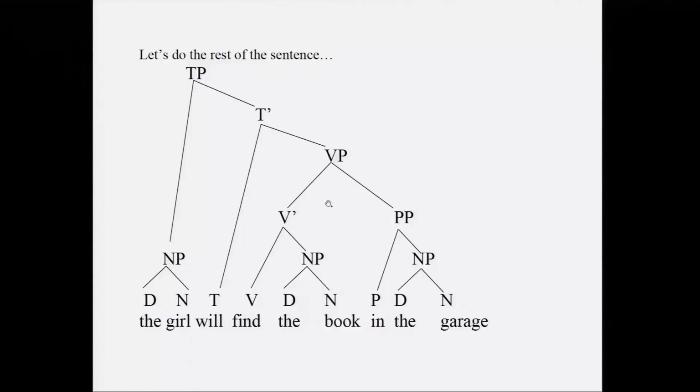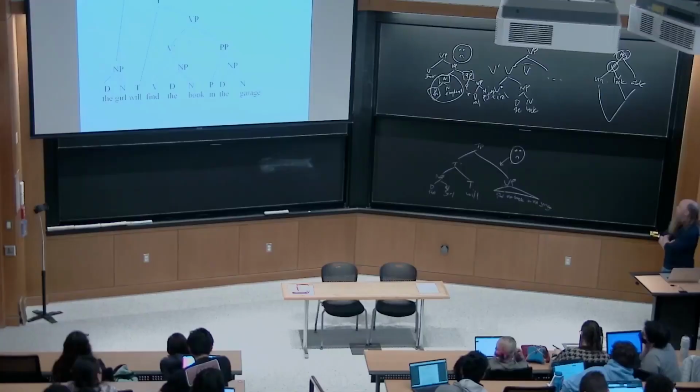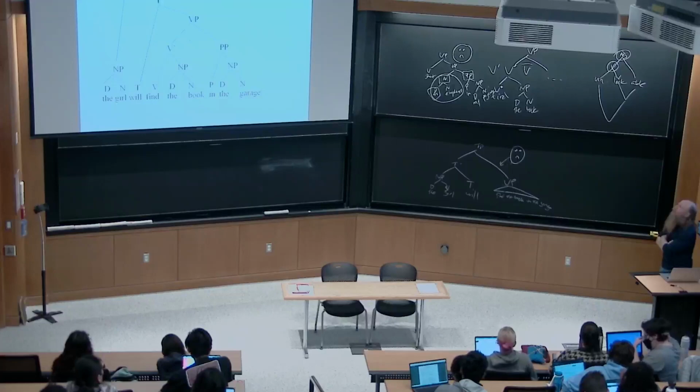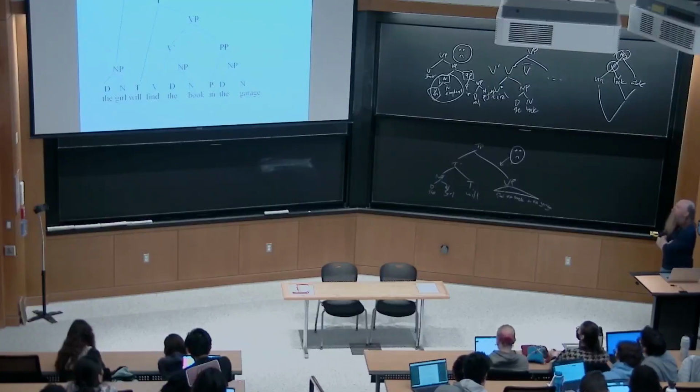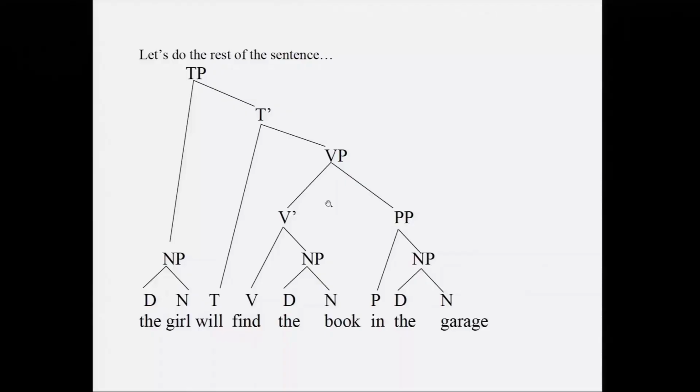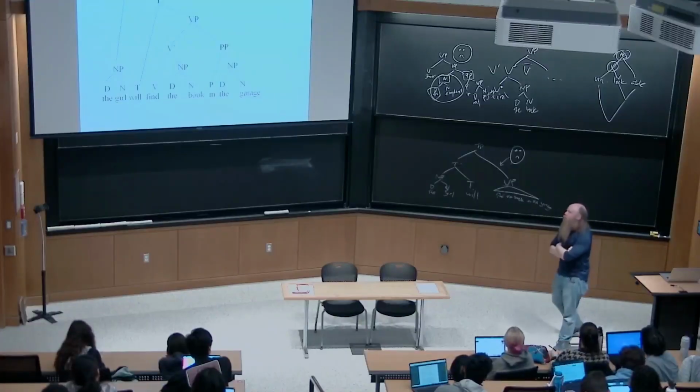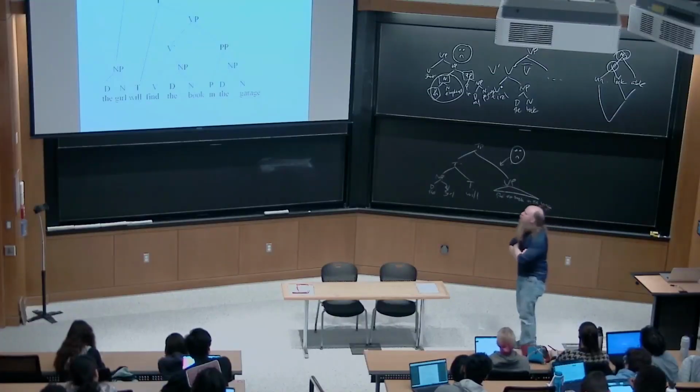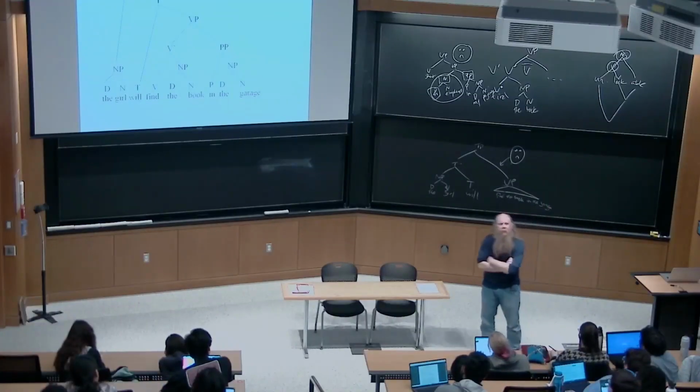First of all, if we tried to use topicalization, which is the test that we had before, on the tree here and we tried to topicalize T bar, we'd end up with: I said the girl would find the book in the garage, and will find the book in the garage, the girl. Now, as I mentioned before, my grasp of English is now a little shaky after years of abuse, but I think that's not great.